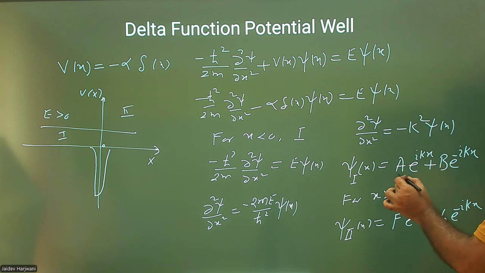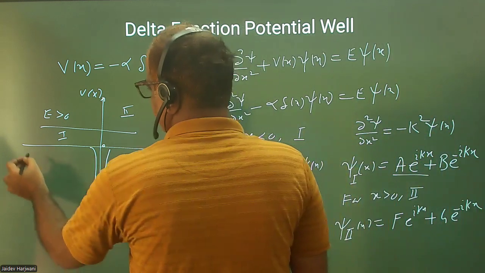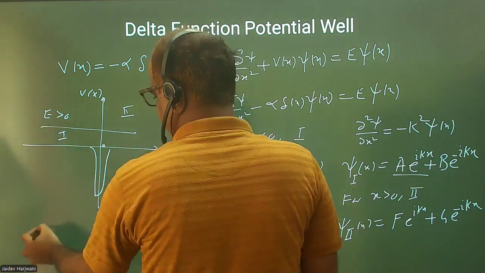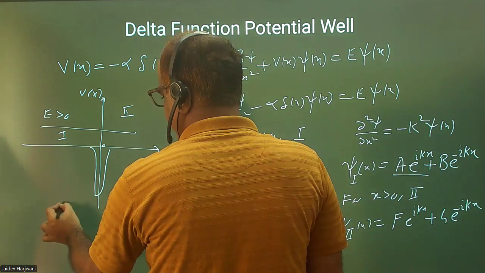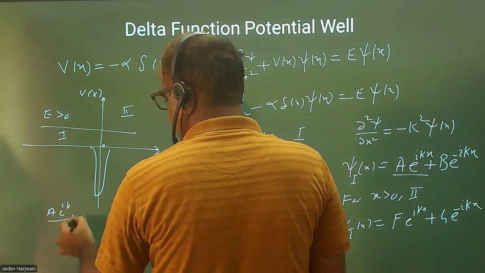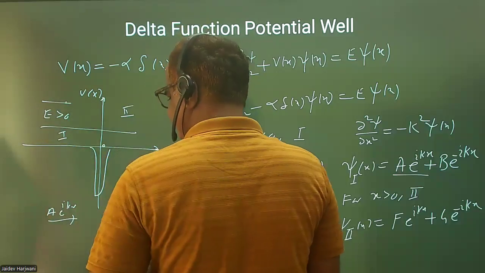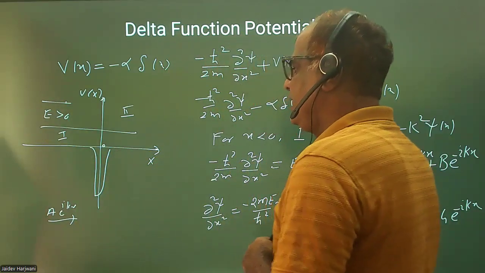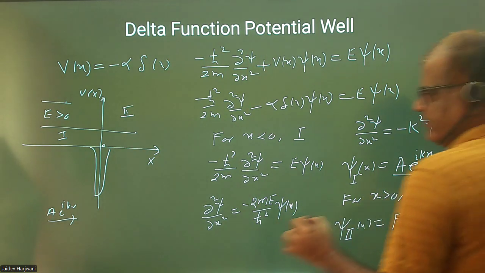Now, this is your incident wave for x less than 0. So you have an incident wave, say A e^{ikx}, and this is your reflected wave.